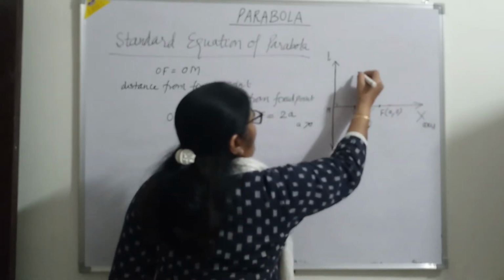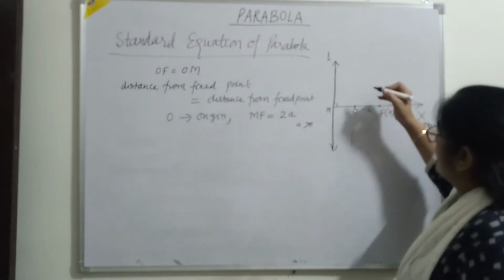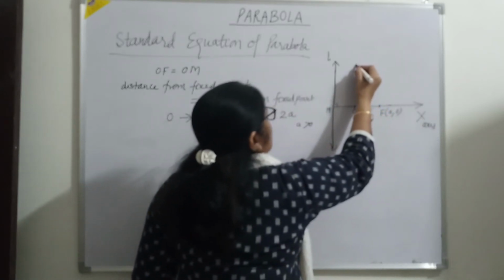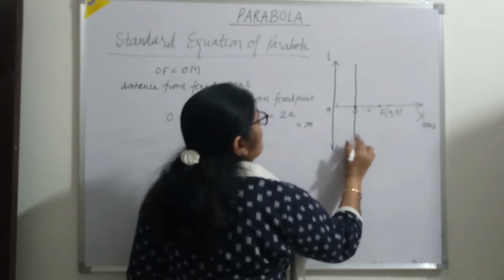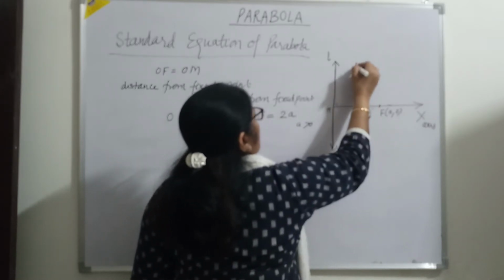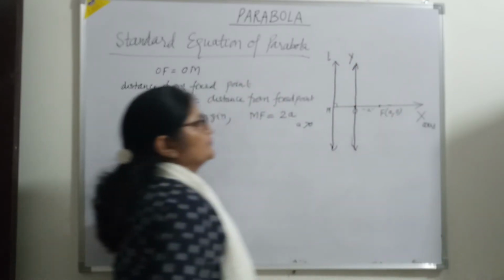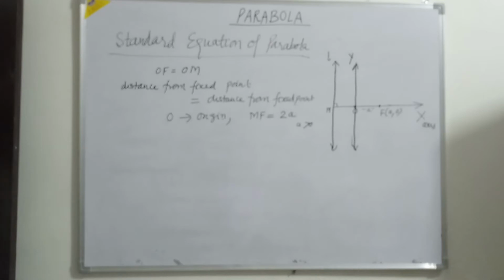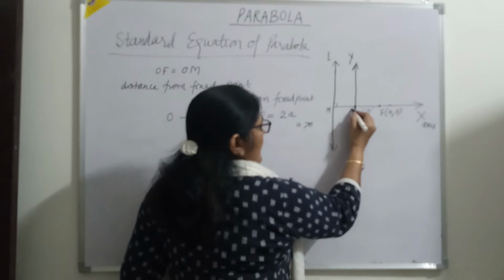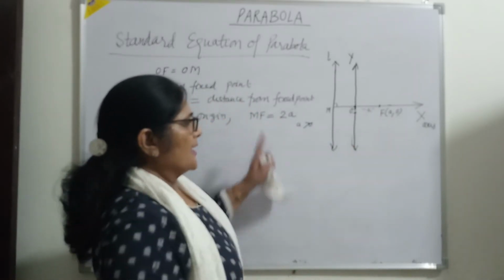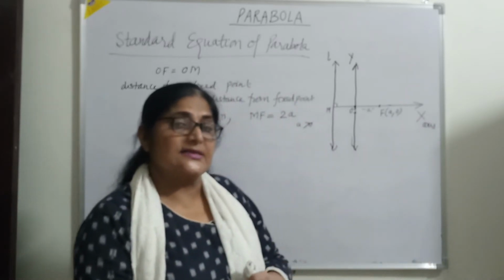Now through O, draw a line perpendicular to the x-axis, that is the y-axis. O lies on the parabola and the line through it is the x-axis.